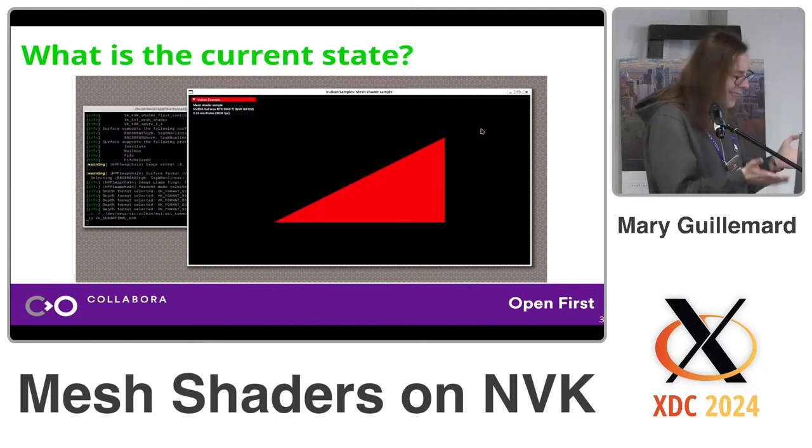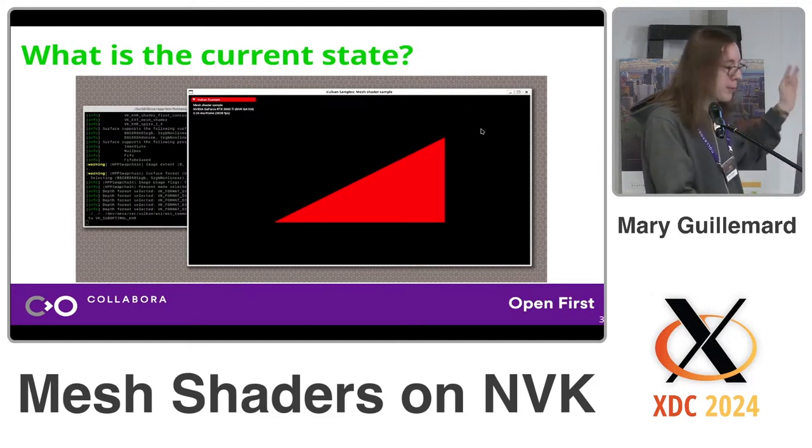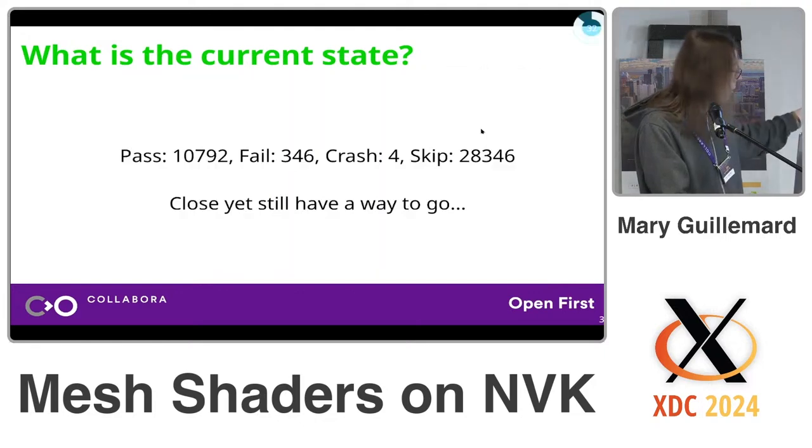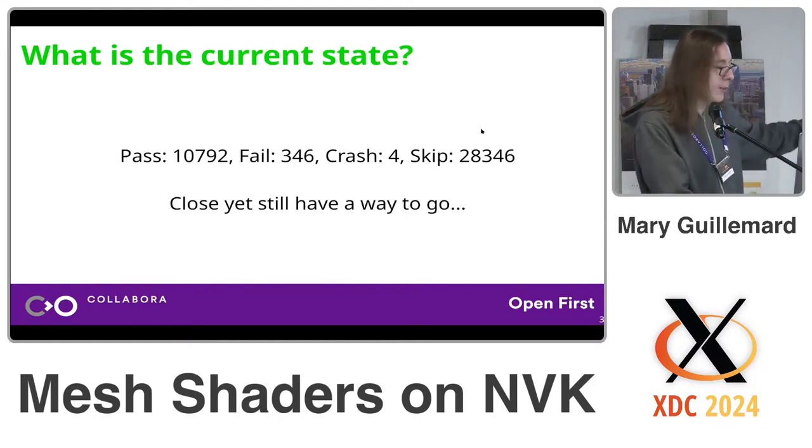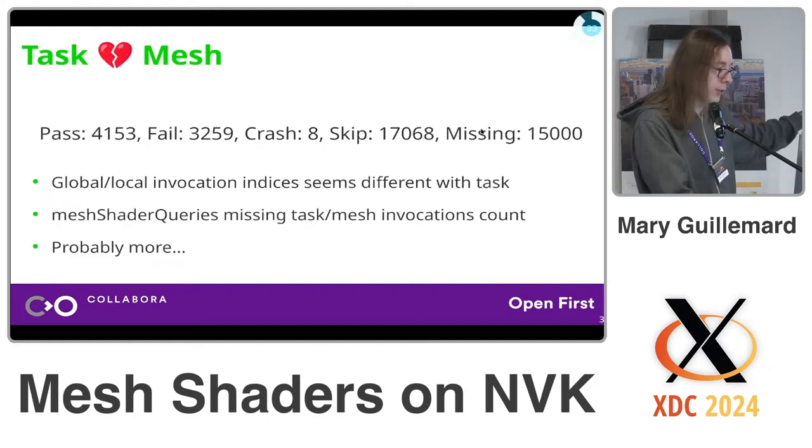But now let's talk about just the CTS. So if you run the CTS currently with the merge request I opened some time ago, you will get those results. Those are the results from last week. It's quite close, but quite far actually, because I currently disable task shaders because task shaders are kind of not in love with mesh shaders.